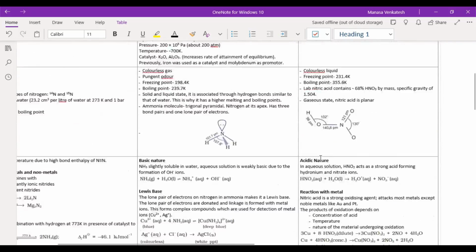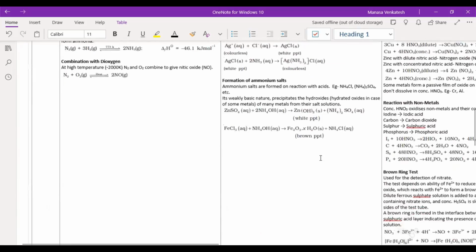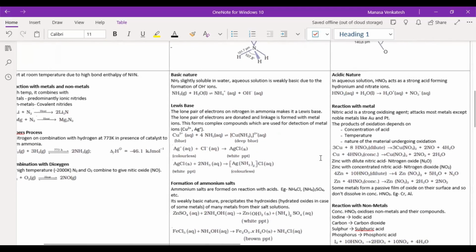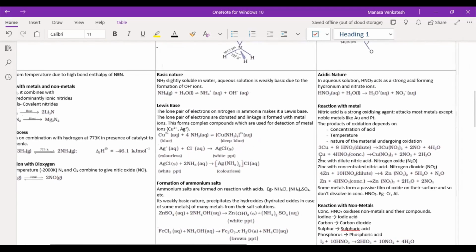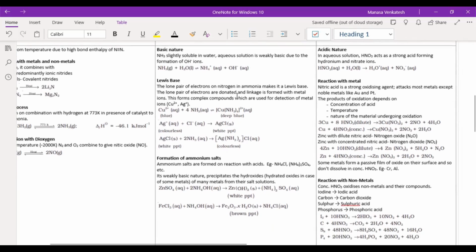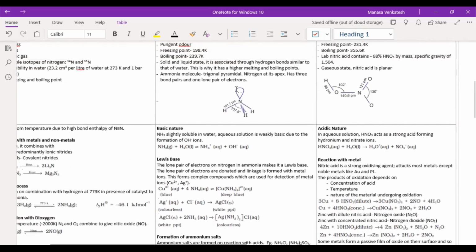Yeah. And in the Ostwald's process. The next is ammonia. Ammonia is actually basic, and it's basic due to the formation of the OH minus ions, but it's a very weak base. It acts as a Lewis base because of the lone pair of electrons on the nitrogen.